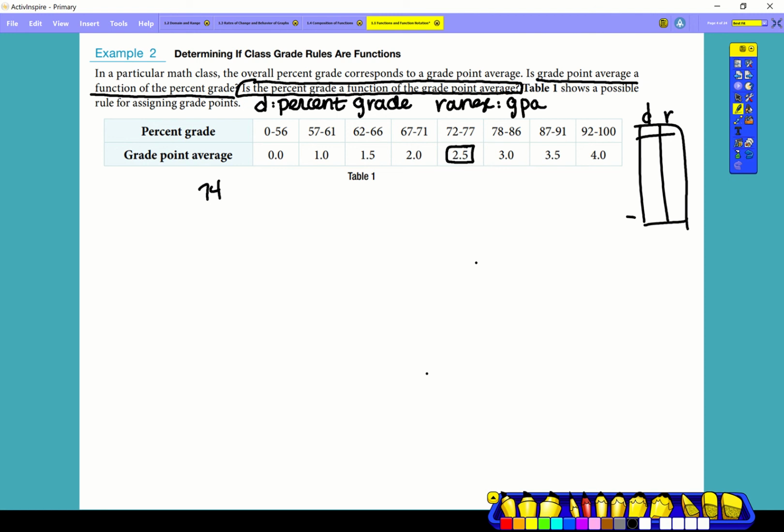All right, so let me work a little bit harder. Well, it turns out I got busy and I didn't really work that hard, so my grade only went up to a 76. Well, guess what? I still have a 2.5. So that means that all of these numbers in between, so 72 to 76, they all go to 2.5.